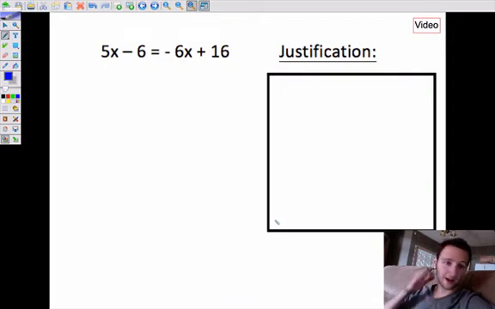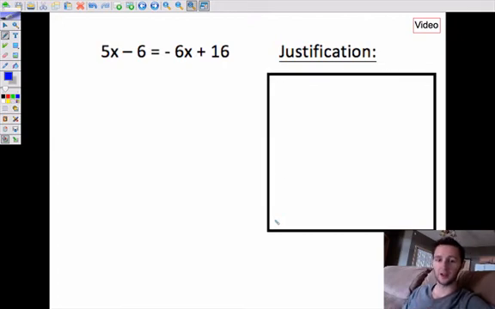So what I'm going to do now is sort of transition from LT2 into LT3. Now I'm going to solve this equation using those steps, but I'm also going to provide justification for each step that I do. Those justification steps are going to be just like your properties of equality or distributive property.